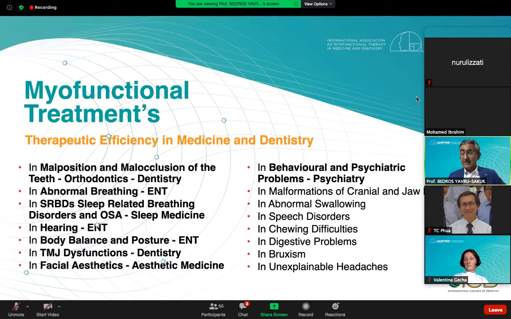And personally, I think the most important application is in brain development, in behavior and psychology of children and adults.